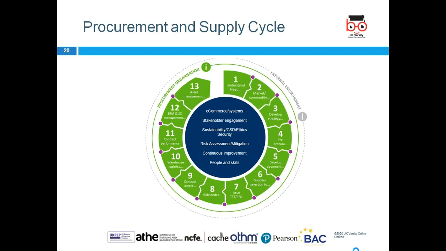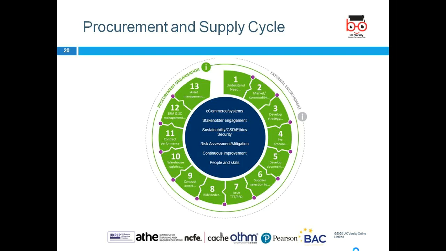So first, understand the needs, market quantity, develop strategies, procure, develop documents, supplier selection, issues, then look at acquisitions, bids, tenders, contract award, warehouse logistics, contract performance, strategic supply chain management, asset management.